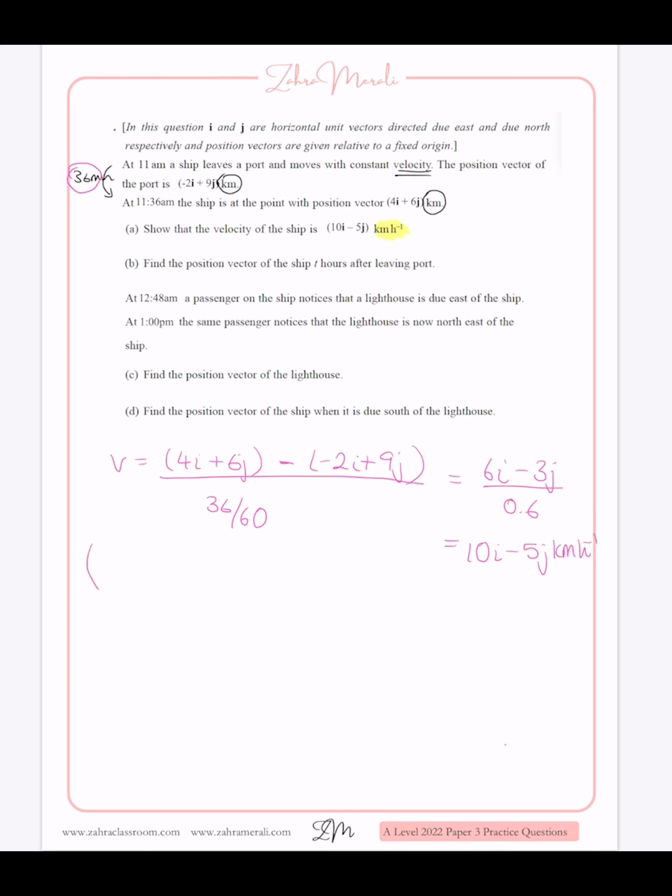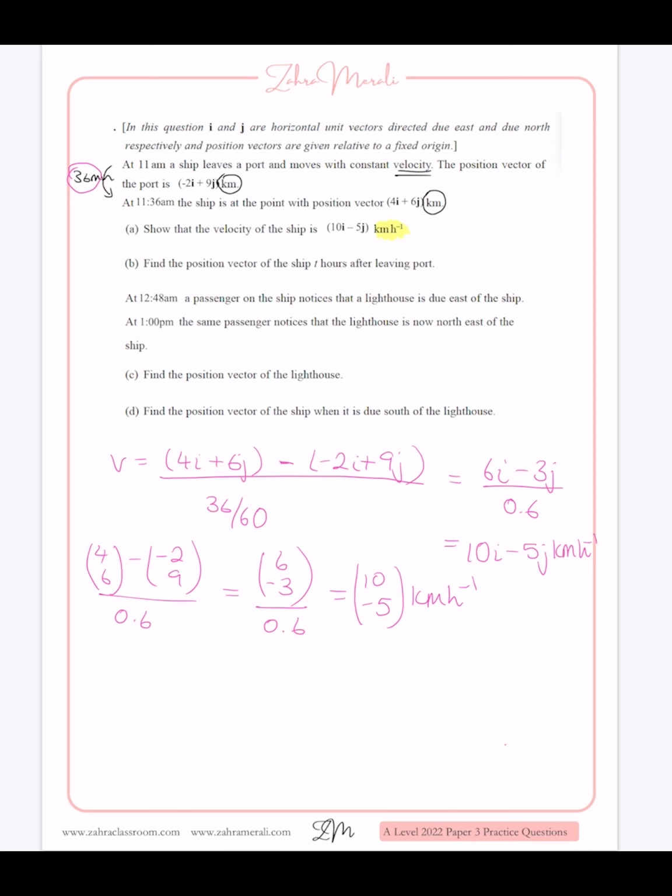I could have written it as 4, 6 if I find it easier to navigate, and that's also not a problem. So you end up with 6 minus 3 over 0.6, which equals 10 minus 5. But because it's given to you in ij form, it might be better to convert your answer in the last step to that.